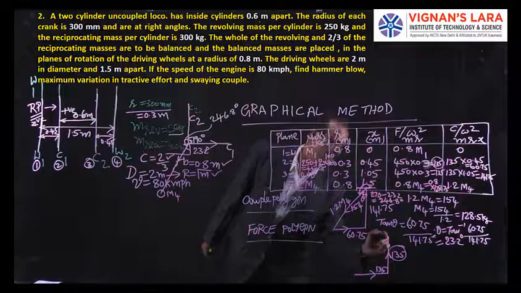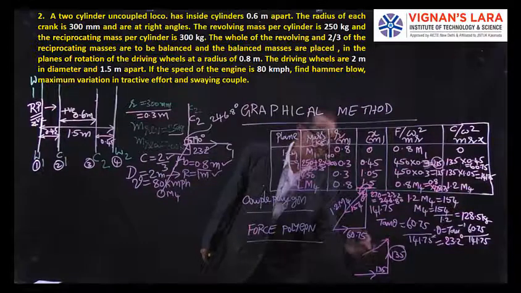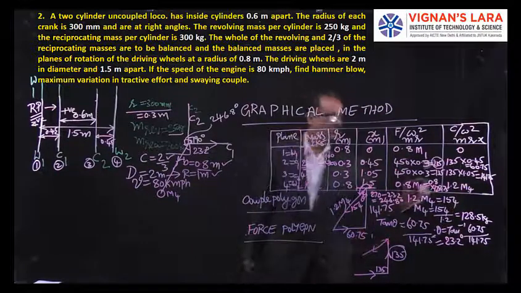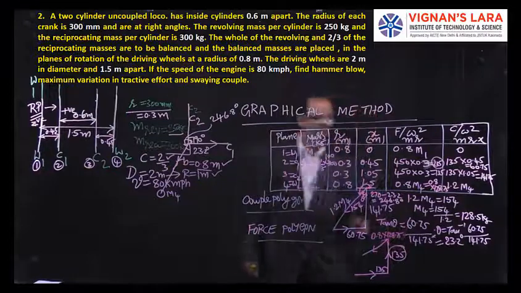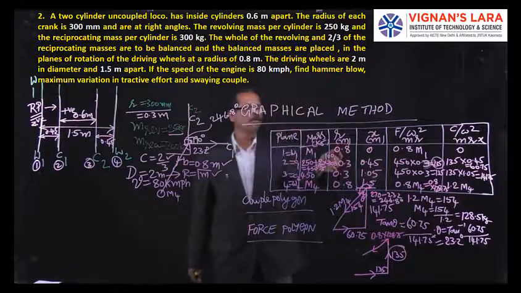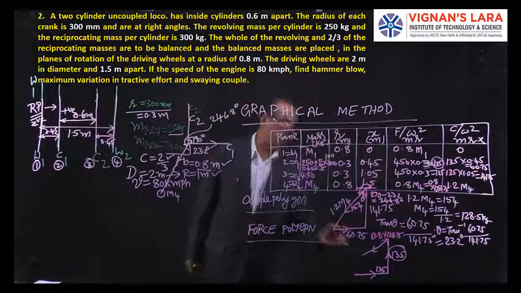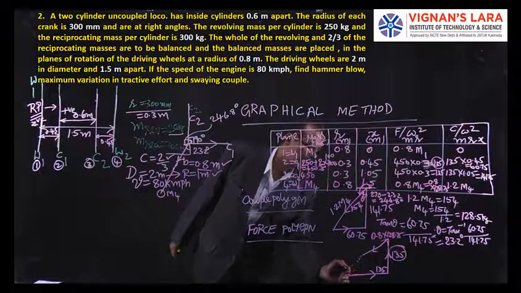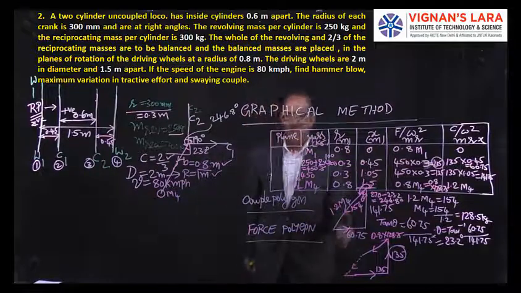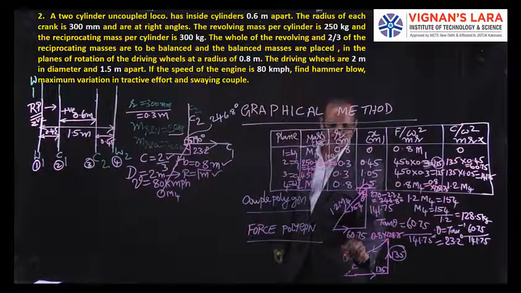The direction is like this. This is 0.8 into 128.75. Then the closing side will become 0.8 M1. So the closing side is like this, which is 0.8 M1.